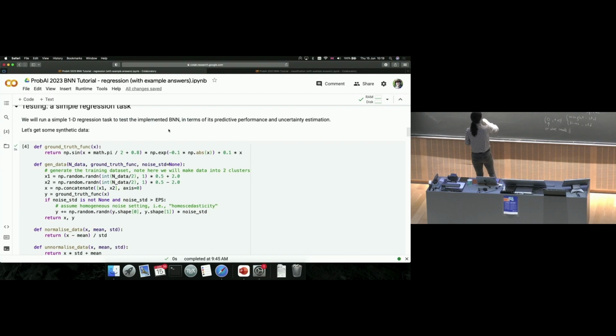Let's say negative ELBO. Okay, so this is what we actually implemented, right?